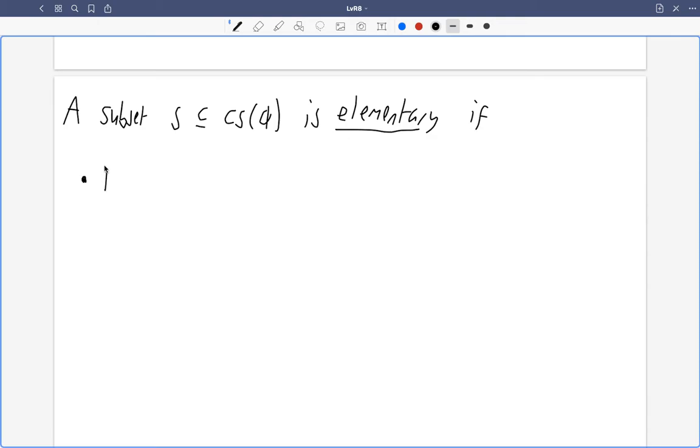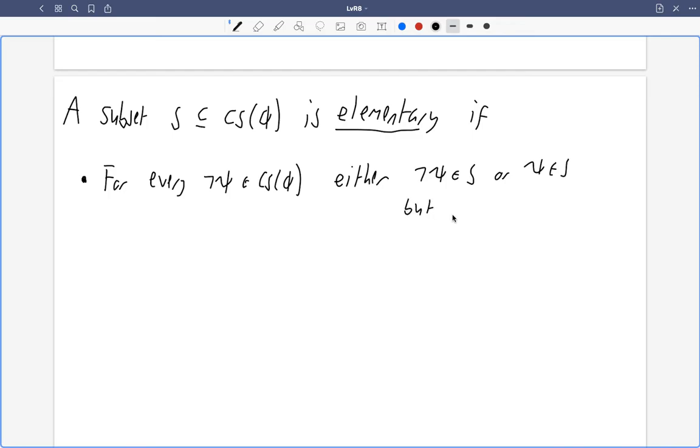So for every negated formula, either the negated formula belongs to S or psi belongs to S, but not both.